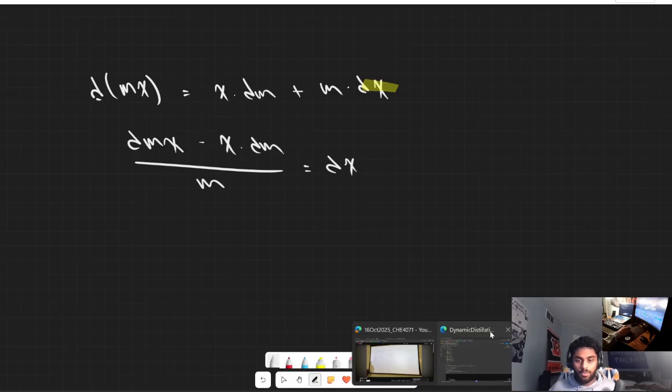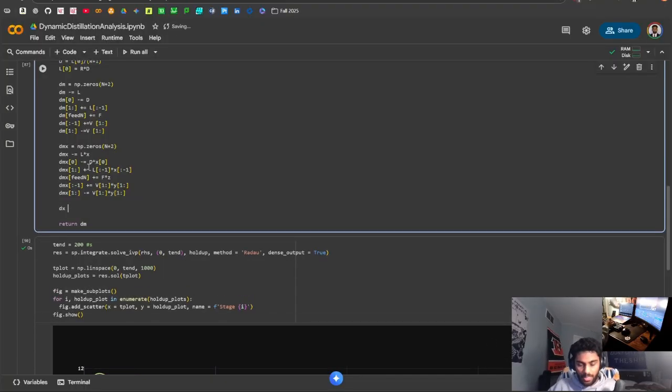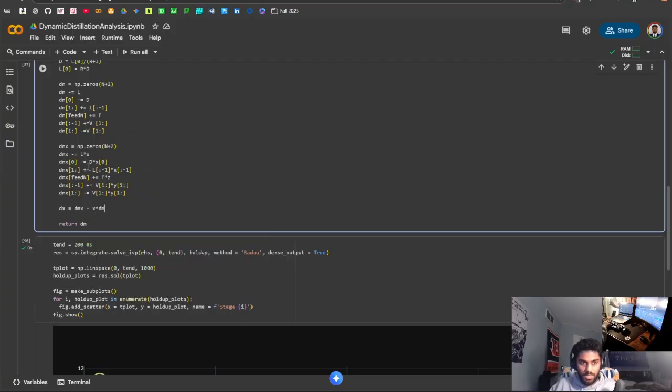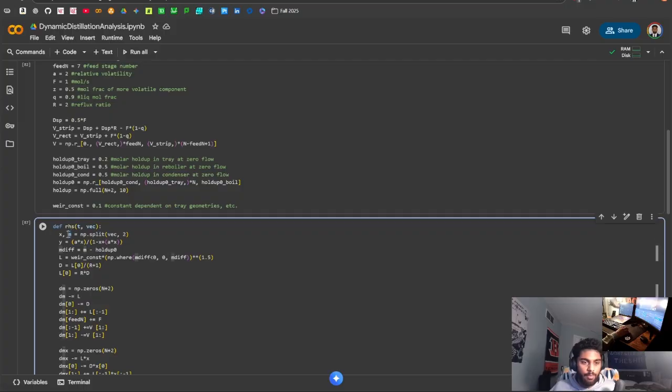And we can very simply code this in to here. So our dx is equal to our dmx minus our x times dm, all over our m, which is this part here, over m. And I've changed this to m. I can't remember if I mentioned that.